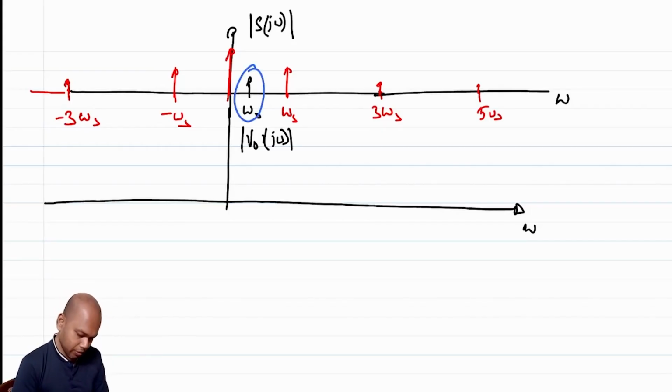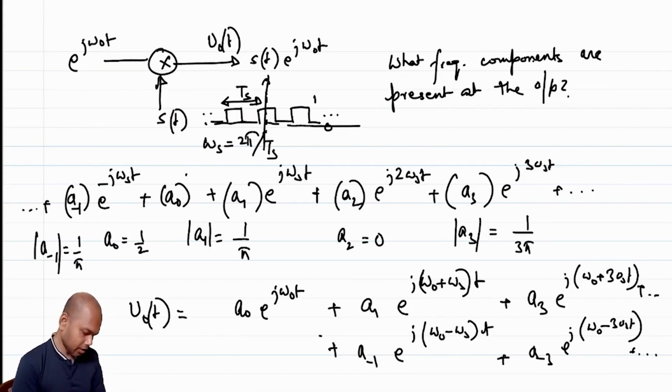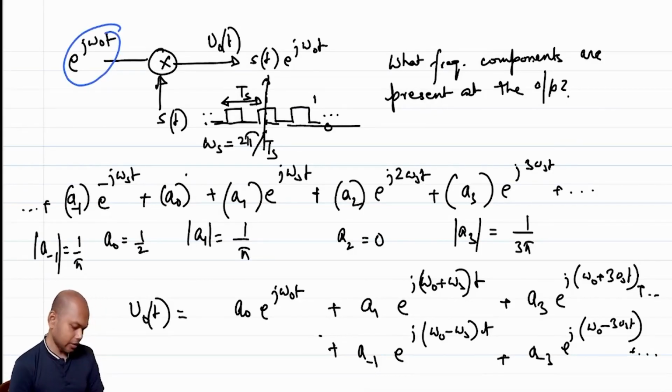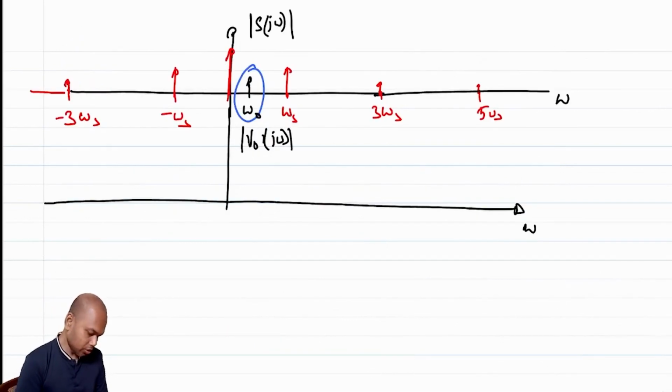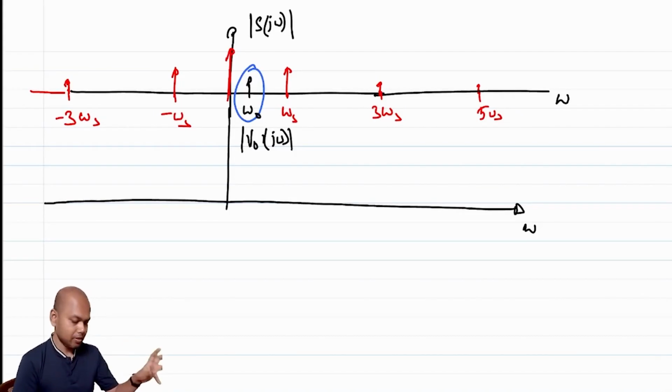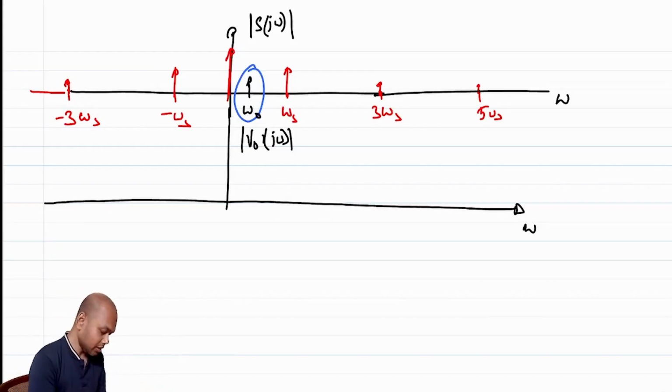so let's go back to the previous page. So what are you seeing? You are seeing that this tone is getting multiplied with a naught and creating a tone at omega naught, right? So that we are anyway seeing. So we are going to see one tone at omega naught, and the strength of the tone will be multiplied by a naught. So what is a naught, or the mod of a naught?